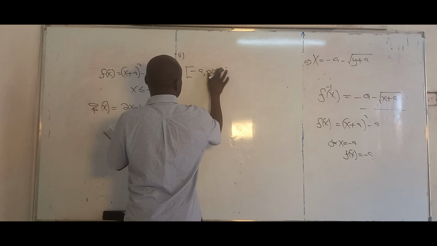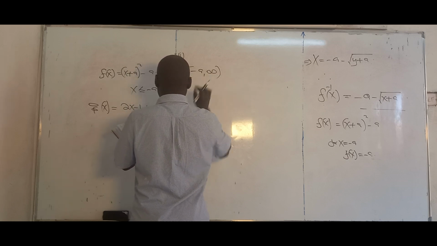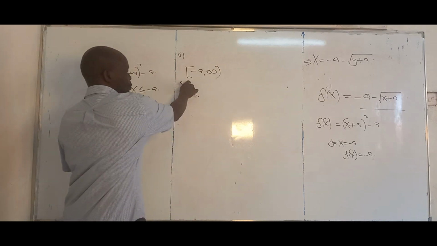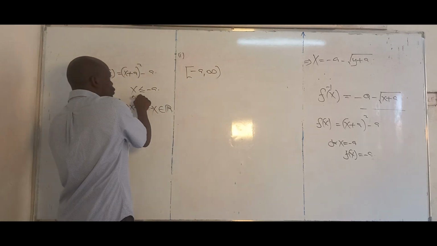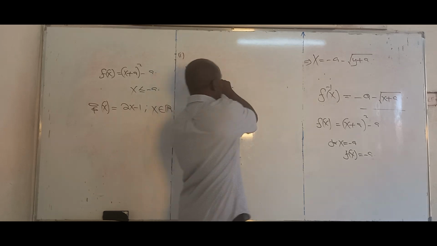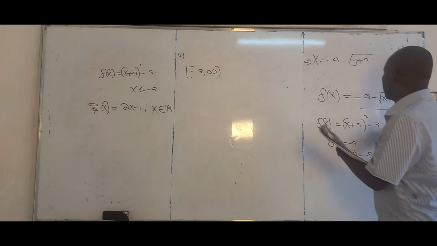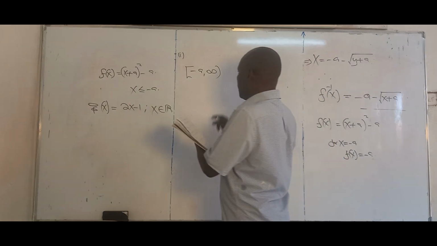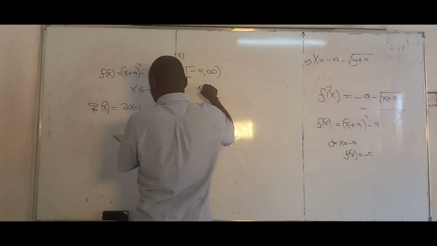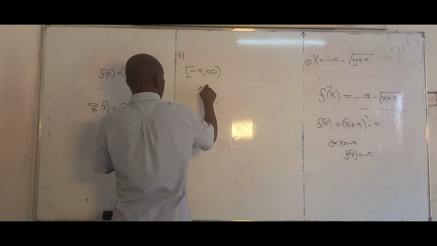This infinity is unbounded because we don't know, so we give it that. But this we know because it is strictly equal to this, and that happens when we have this to be 0. It's the lower boundary. That is it. This becomes the range of f of x.